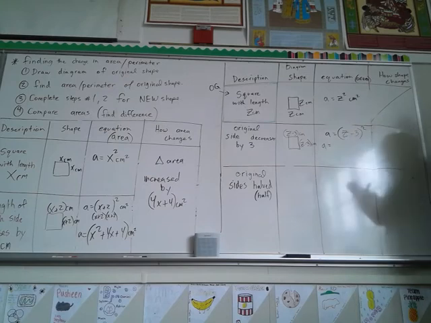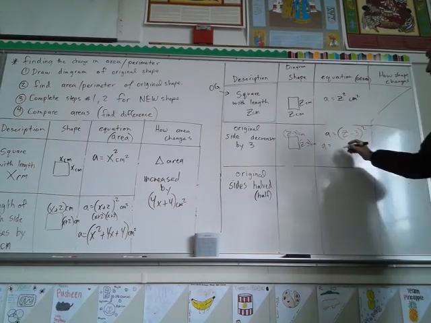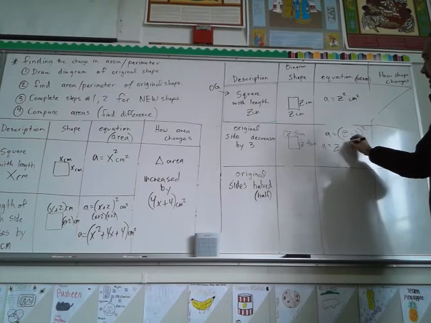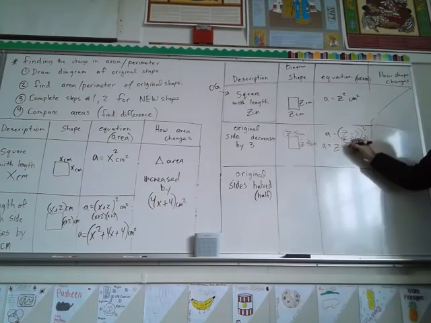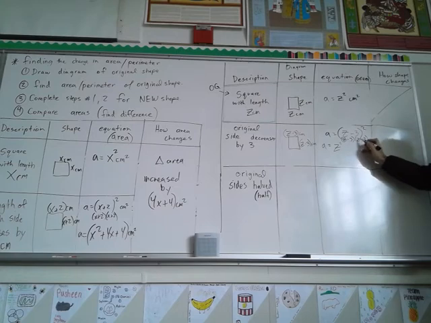So let's see what we get. It's z minus 3 times z minus 3. So first, z squared. Outer, minus 3z, inner, minus 3z, so that's minus 6z. Negative 3 times negative 3 is 9. Parenthesize, centimeters squared.